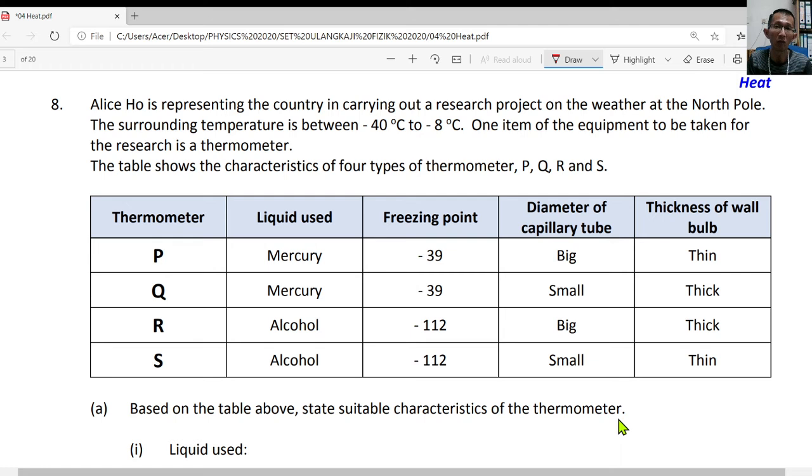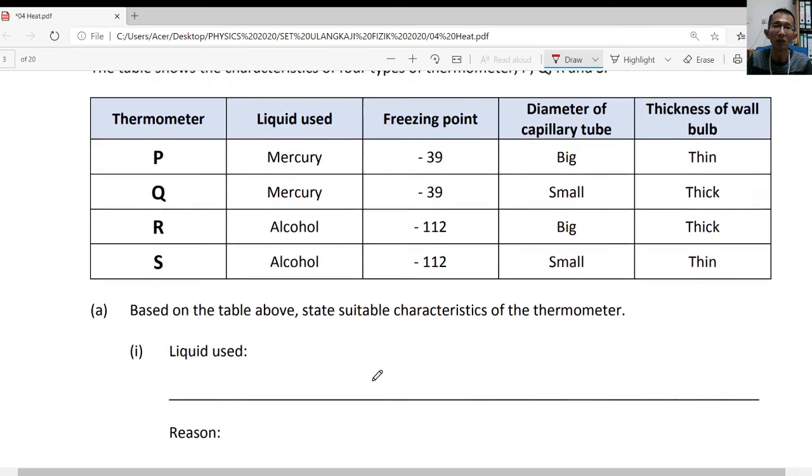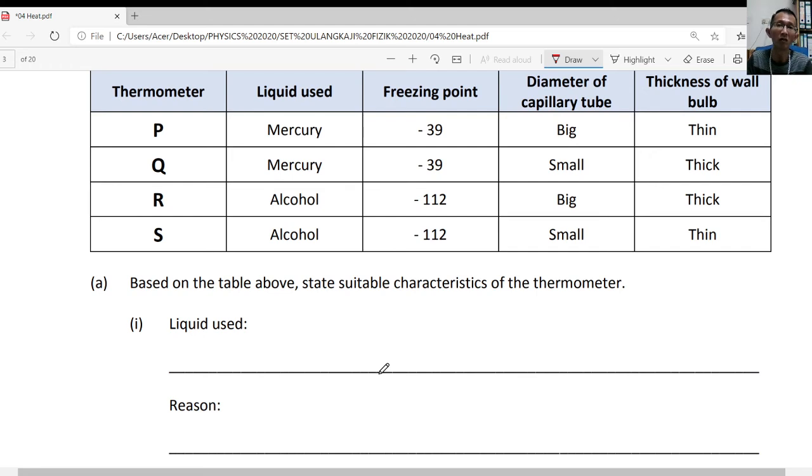But as usual, before you go ahead answering the question, you need to know the objective. The objective here is to find a suitable thermometer, whereby the thermometer is to be used at a surrounding temperature of negative 40 to negative 8. Based on the table above, state suitable characteristics of the thermometer in terms of the liquid.